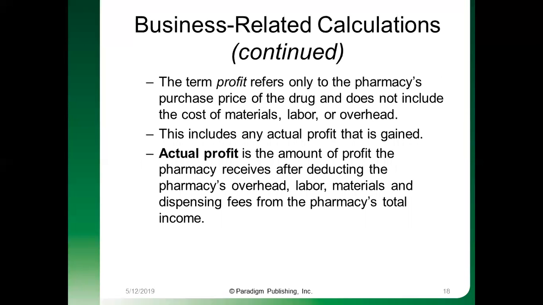The term profit refers only to the pharmacy's purchase price of the drug and does not include the cost of the materials, the labor, or the overhead. This includes an actual profit that is gained. The actual profit is the amount of profit that the pharmacy received after deducting the pharmacy's overhead, the labor, materials, and the dispensing fee from the pharmacy's total income.